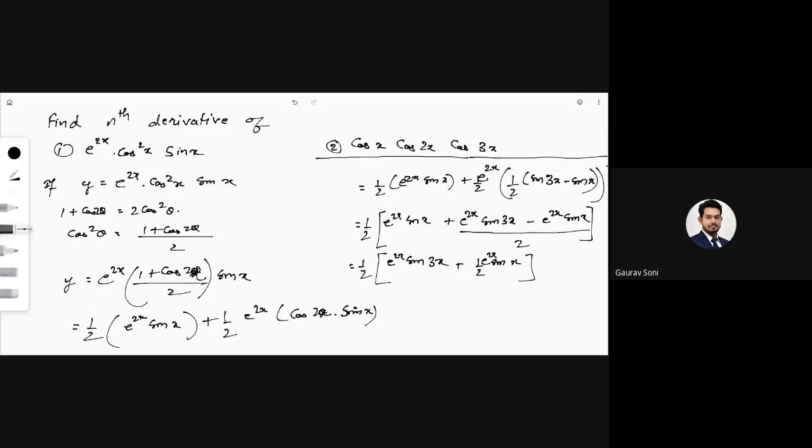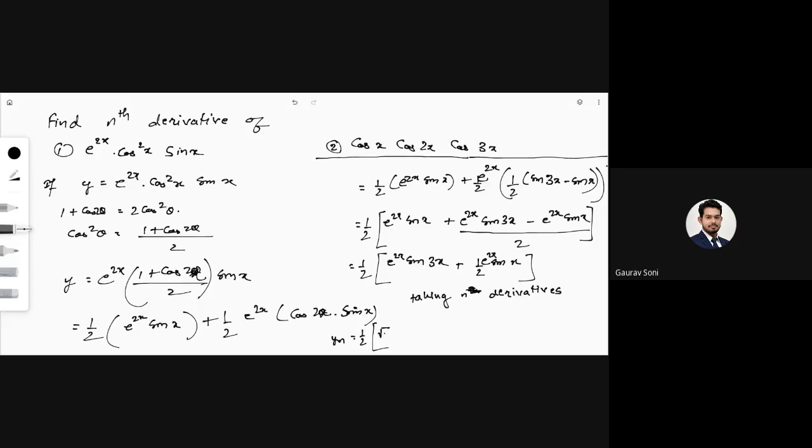So now taking the nth derivative, what do we get? Yn is equal to 1 by 2 in bracket. What is the value of r here? r is equal to under root 3 square plus 2 square, that is 9 plus 4, 13.